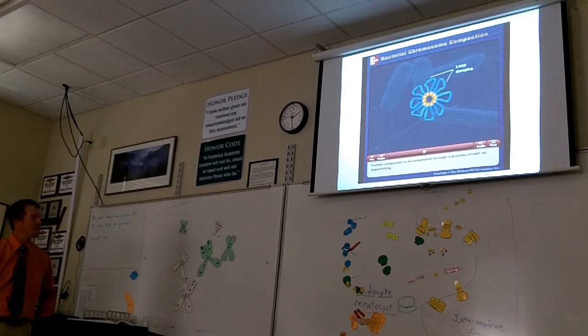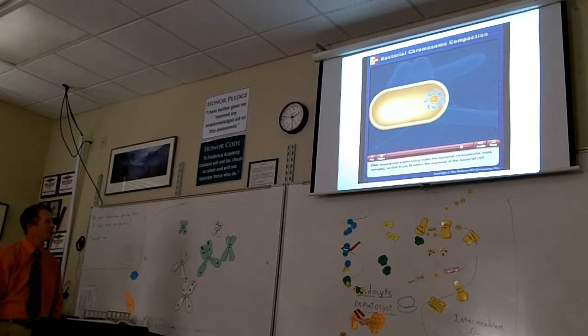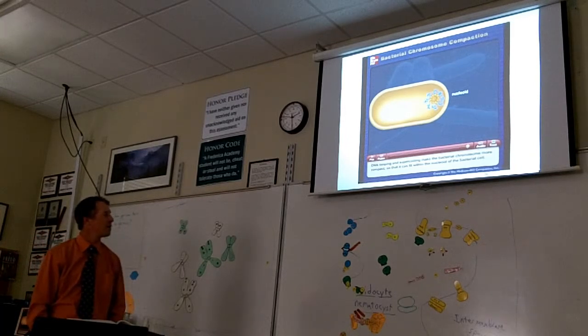Further compaction is accomplished through a process known as supercoiling. In this process, which is under the control of the enzymes DNA gyrase and topoisomerase 1, twists are introduced in the DNA molecule that cause it to compact by coiling onto itself. This is much like the process of coiling that you can observe by twisting a rubber band. DNA looping and supercoiling make the bacterial chromosome more compact so that it can fit within the nucleoid of the bacterial cell.